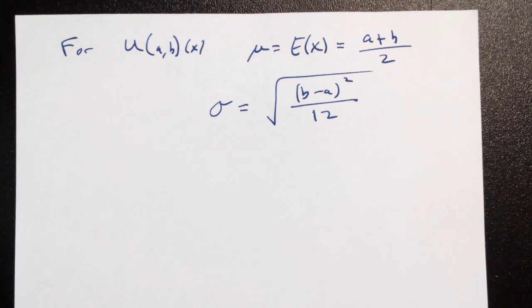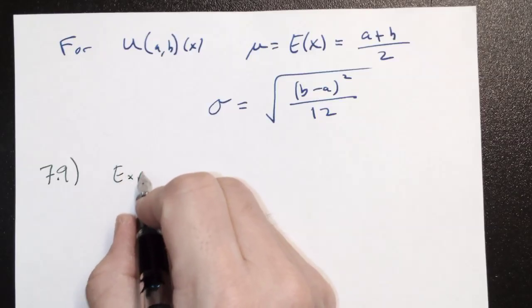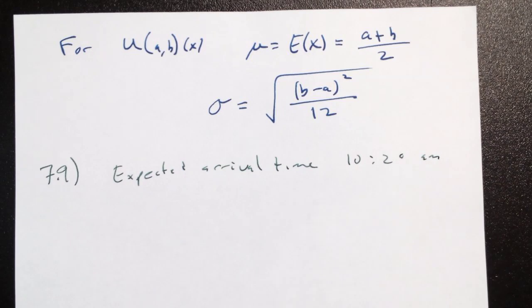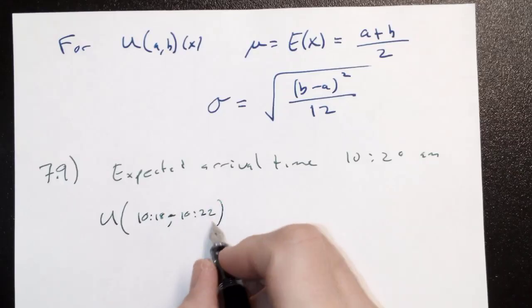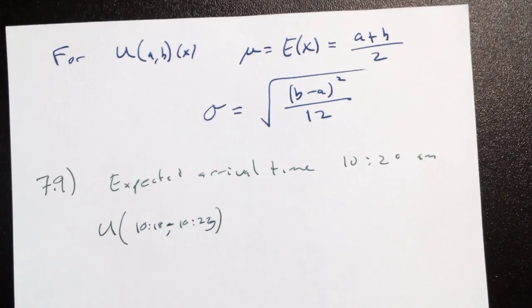Problem number 9 says that the expected arrival time of a bus is 10:20 a.m. But after measuring for a good long while, we actually say that the actual arrival time is a uniformly distributed random variable whose times range from 10:18 to 10:23. Sorry, I had to read the number correctly off the book.